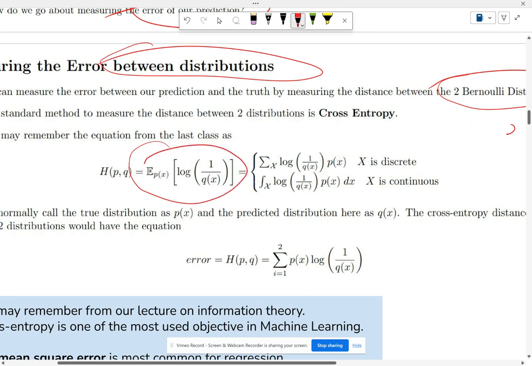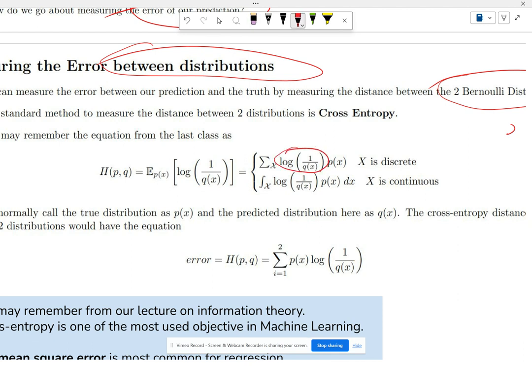Cross entropy is essentially the average information of Q using P as the probability. Alternatively, it is the expected information for Q, given P as the probability.